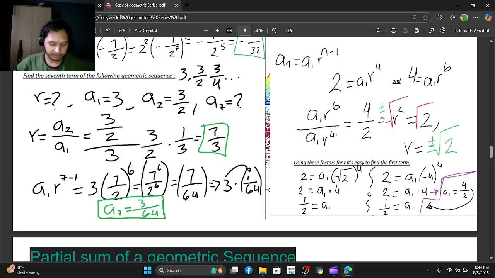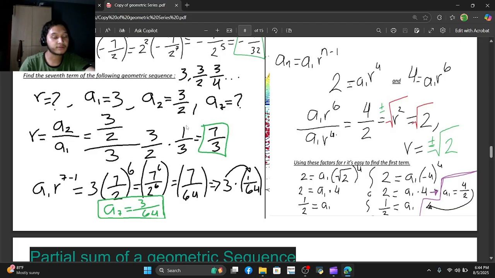This really doesn't matter. I did this on purpose because I want to show you that it doesn't matter. You can flip the first fraction or the second fraction. Obviously, 1 over 3 is not 3, because this 3 should be on top and the 1 should be on the bottom.